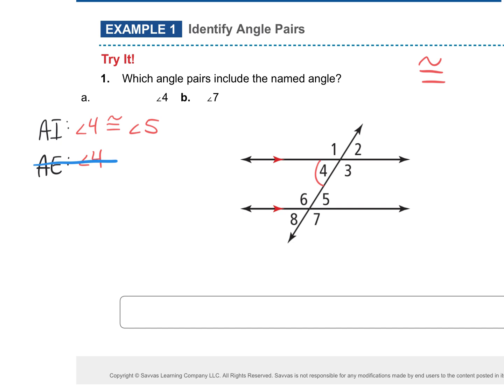Okay. What is another angle pair relationship? Yep, same side interior or SSI. What is same side interior to angle 4? Yep. What do we know about same side interior angles? Are they congruent or supplementary, which means add up to 180.